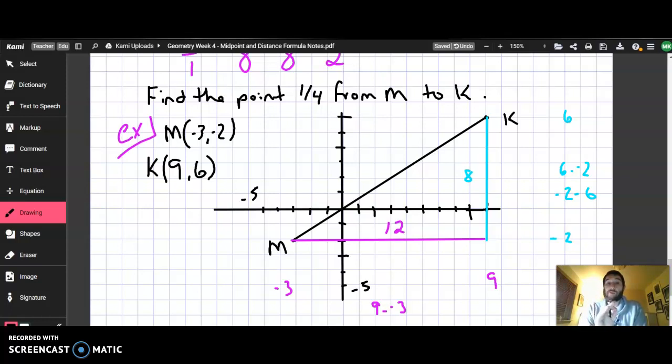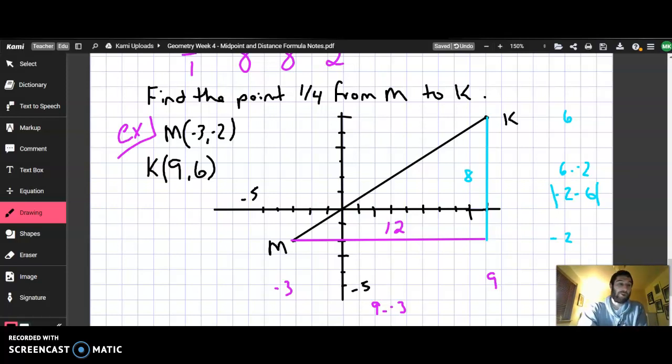And even though we want to go from m to k, we're not there yet for the problem. We just want to know what the distance is first, and then we can care about the direction second. And so if you do -2 minus 6, you want to put them in absolute values. You want to talk about the distance there first, and then we can talk about the direction.